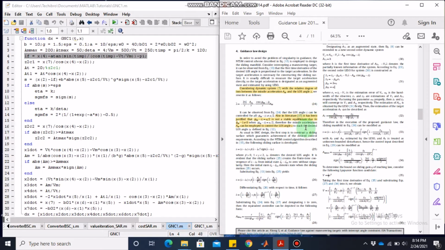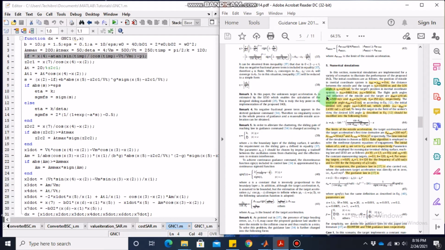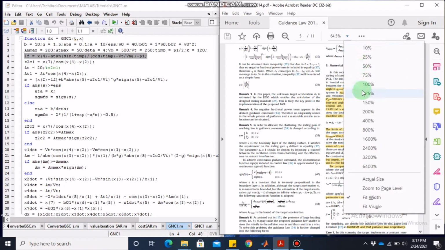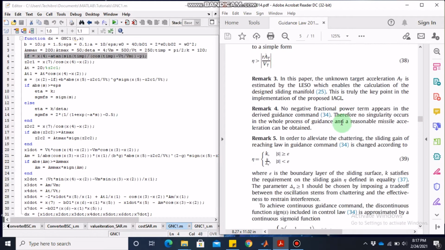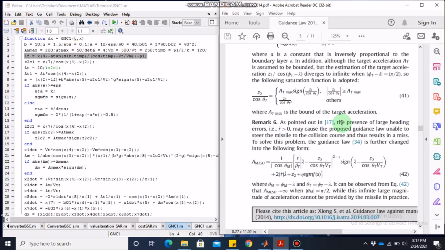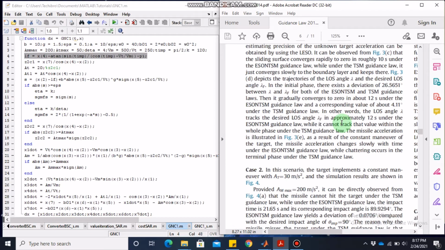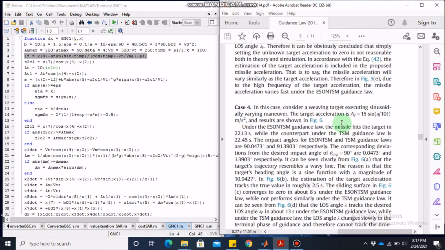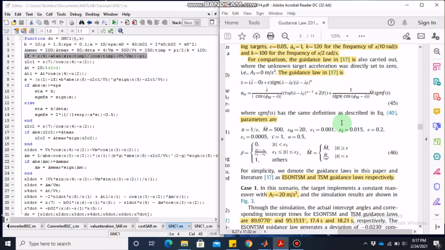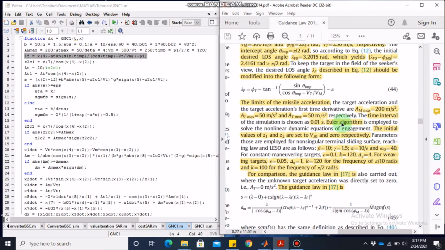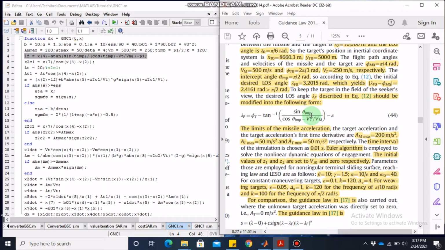Let me zoom a little bit. So this equation 44, that is the equation. There's a little bit of modification in equation 12. So the authors suggest that we use this equation 44 for lambda f, which is here on line number 4 in the code.